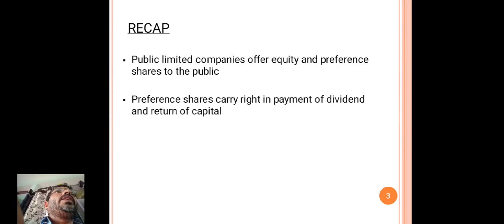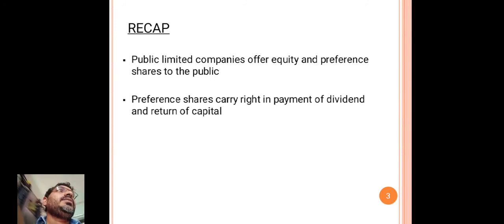Long term financial resources, medium term financial resources, and short term financial resources. To arrange the long term financial resources, the company issues shares.